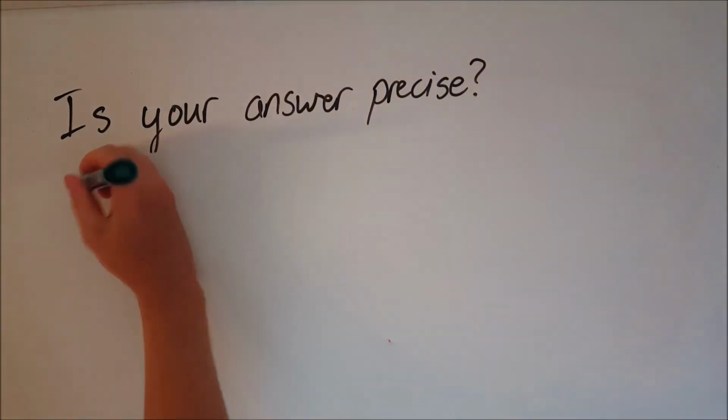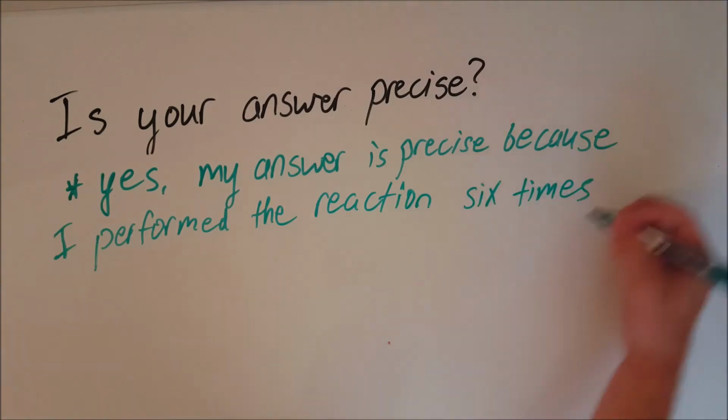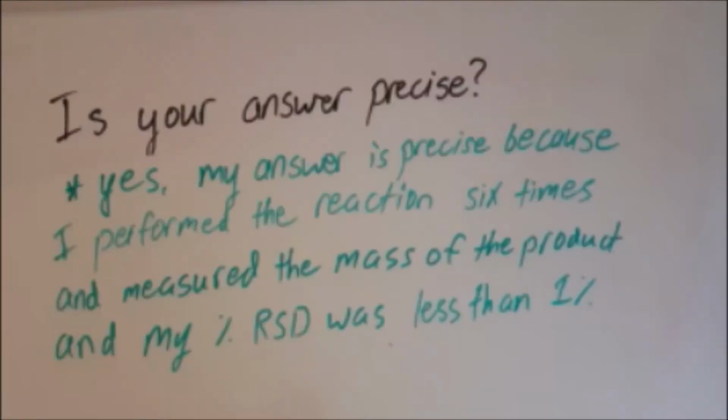Instead of just a yes answer, you can answer questions like, is your answer precise? Like this. Yes, my answer is precise because I performed the reaction 6 times and I measured the mass of the products and my percent relative standard deviation was less than 1%.